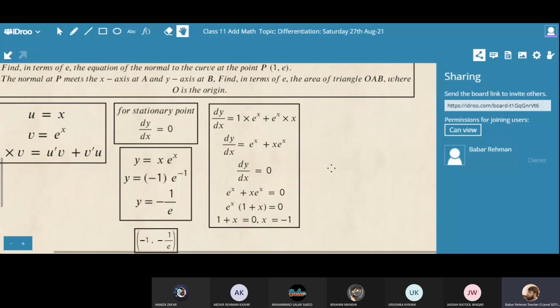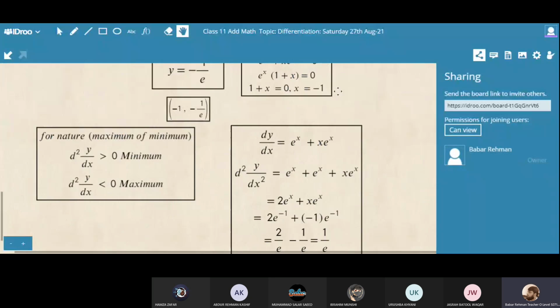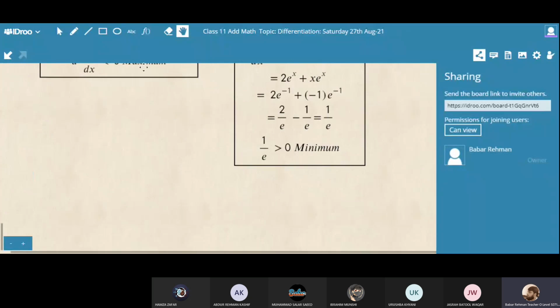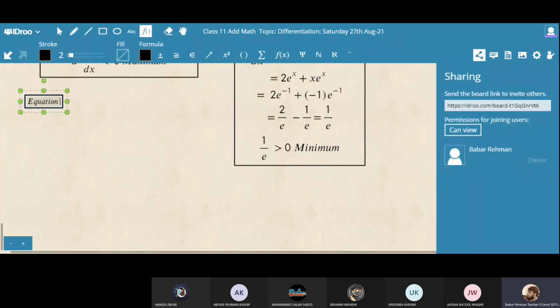So first of all, we already know the derivative. What is the equation of normal? Please check in your notebook.